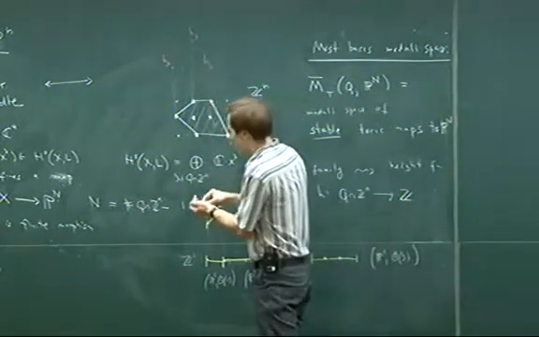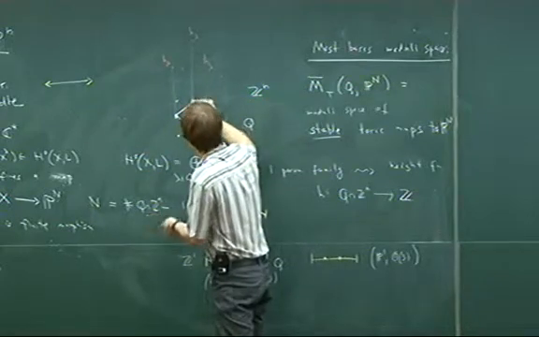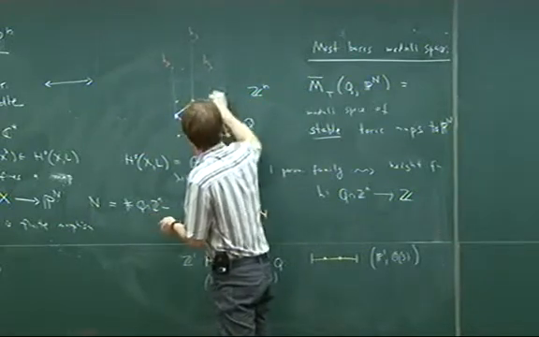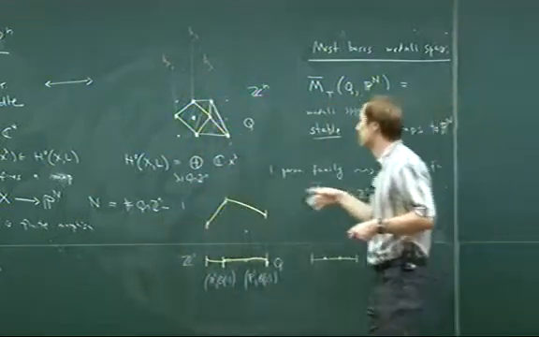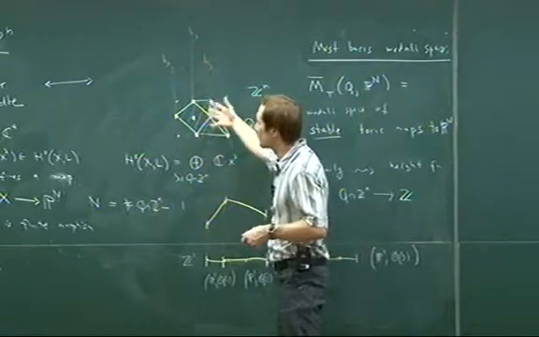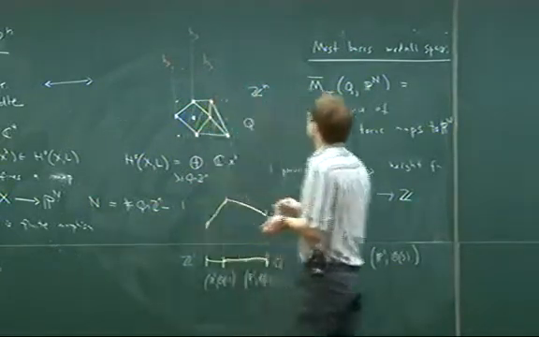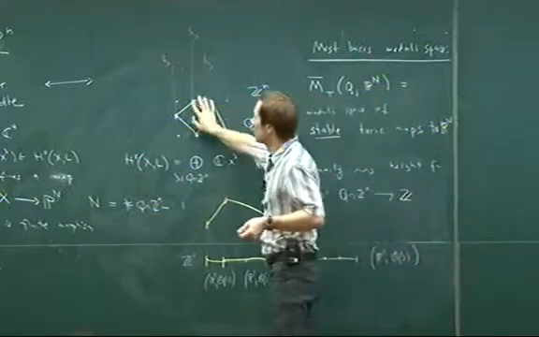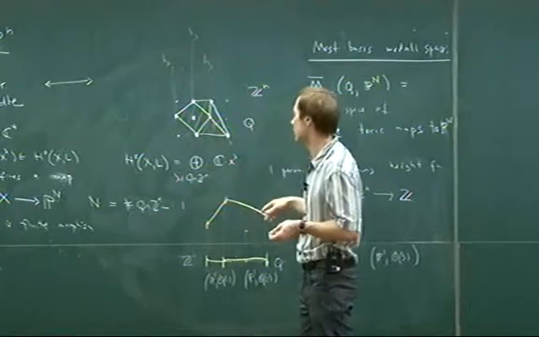And so here it's a little harder to draw, but this polytope will split into several polytopes, and so this toric variety will split into several toric varieties, which are glued according to this picture.